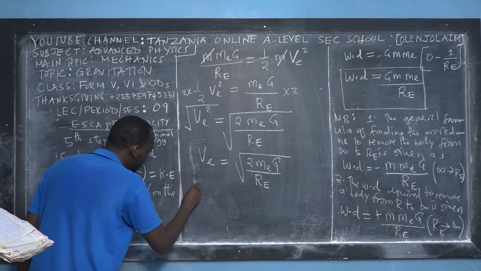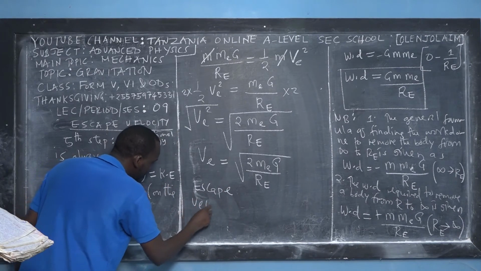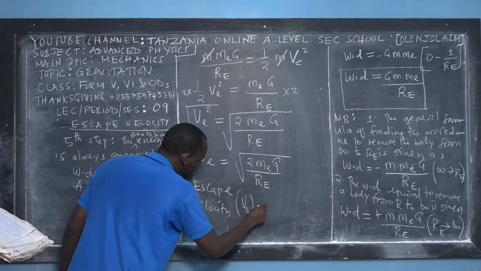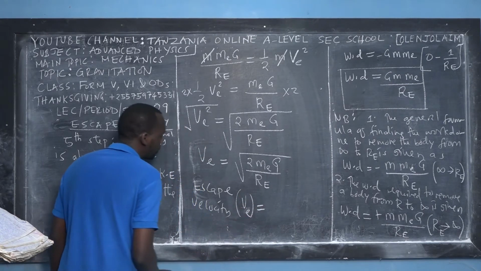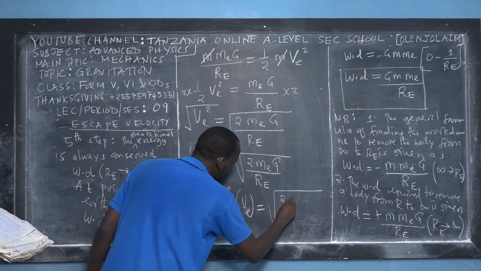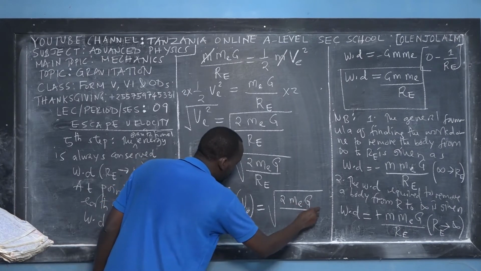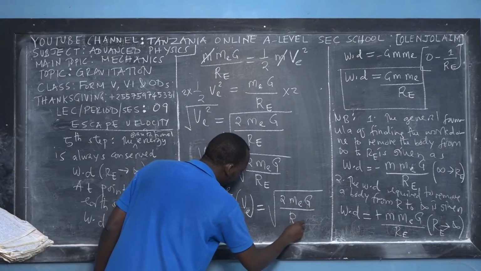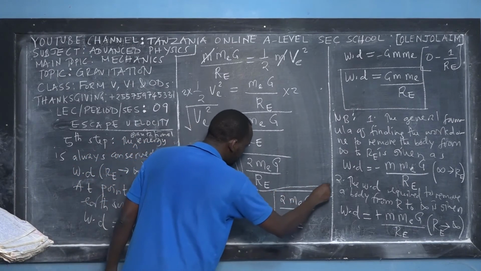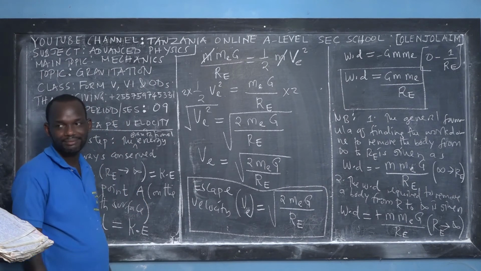So let me write it properly here. The escape velocity, which is V_e, not orbital velocity, is given as the square root of twice the mass of the Earth times the universal gravitational constant over the radius of the Earth. This is a general formula that we need to remember for the rest of our life.